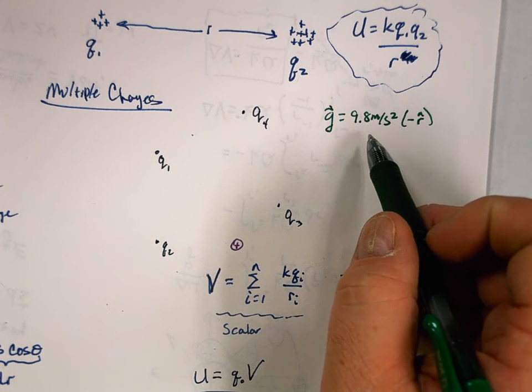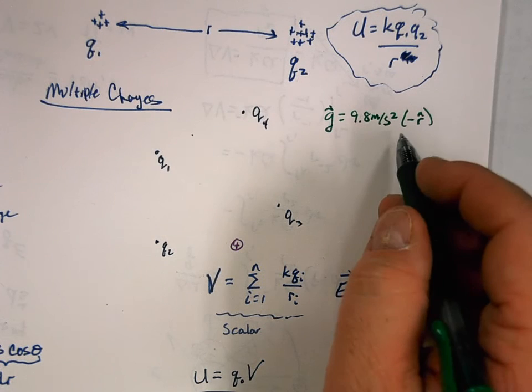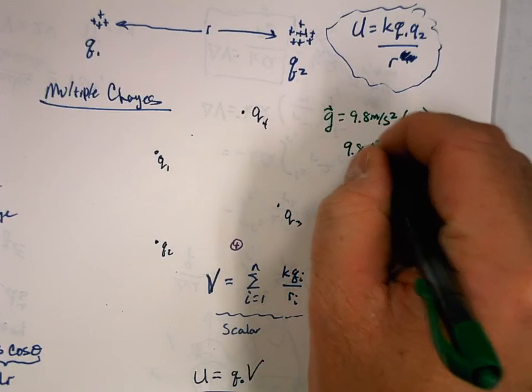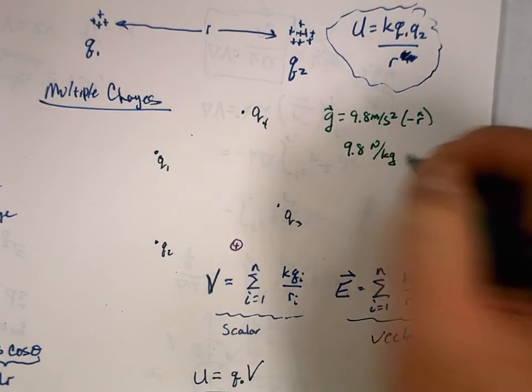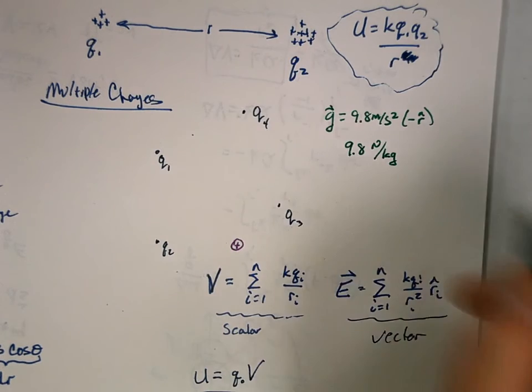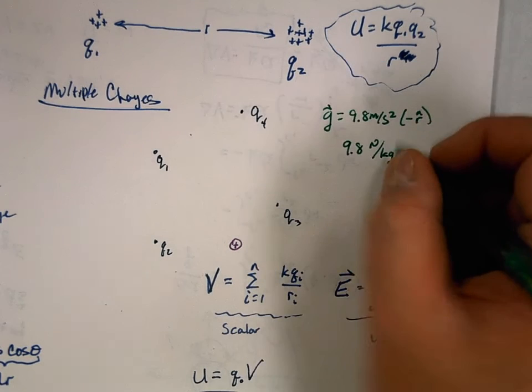We could also write this, instead of meters per second squared, as 9.8 newtons per kilogram, right? So this all of a sudden becomes a force per unit mass.